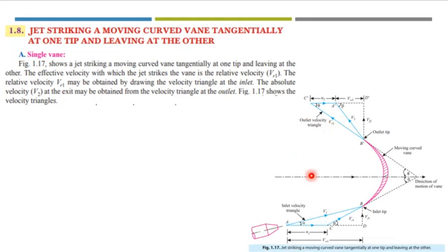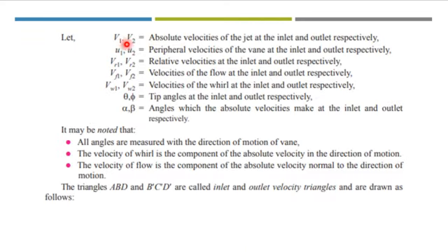The absolute velocity at the exit may be obtained from the velocity triangle at the outlet. As I've said, the velocity triangles are visible in this figure. Now I will explain what these different terms are: V1, V2, VR1, VR2, U1, U2, and VF and VW, which are the new terms introduced to you in this topic.